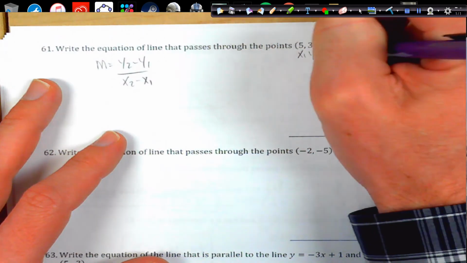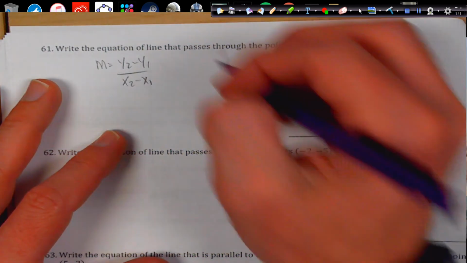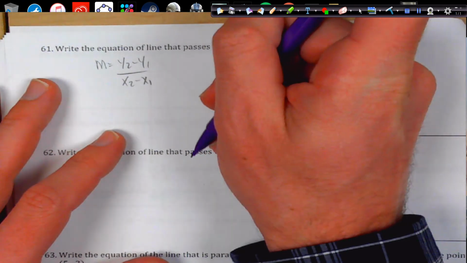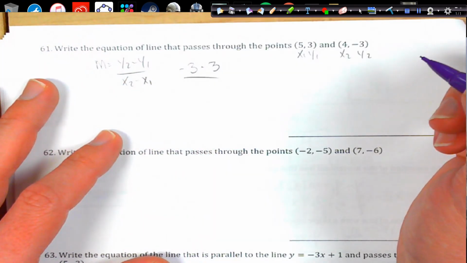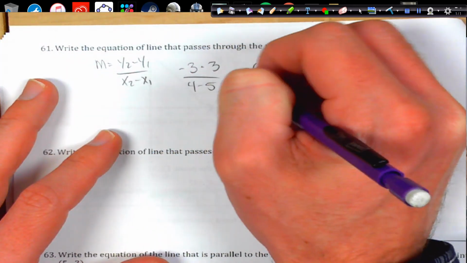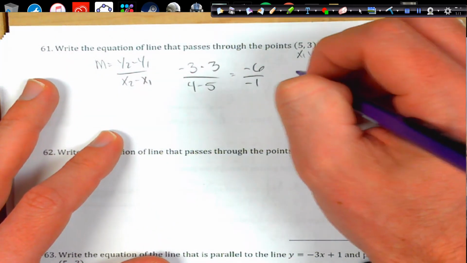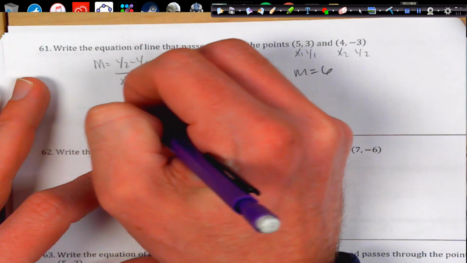Label my points, and then we can plug in -3 minus 3, and 4 minus 5. So my slope is 6, and then I can use a point and a slope to solve.